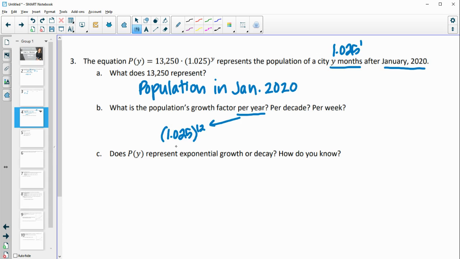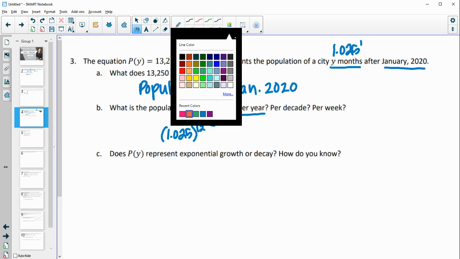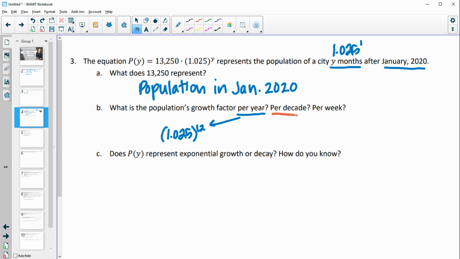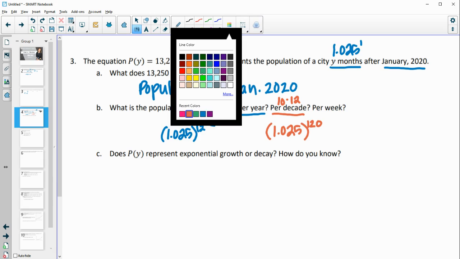And you could calculate that out in your calculator. Do 1.025 to the 12th power. Per decade, so how many months are there in a decade? So remember, a decade is 10 years times the 12 months per year. So this one is going to be 1.025 to the 120th. That's going to be the growth factor per decade.